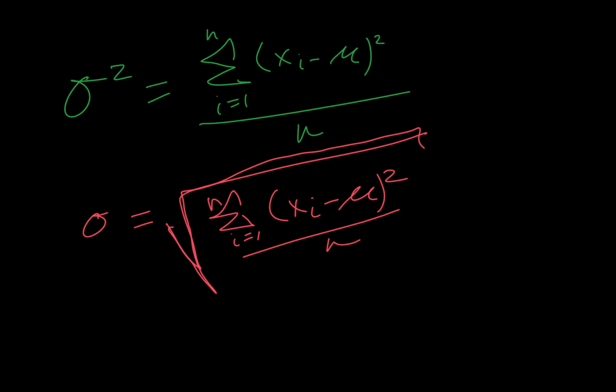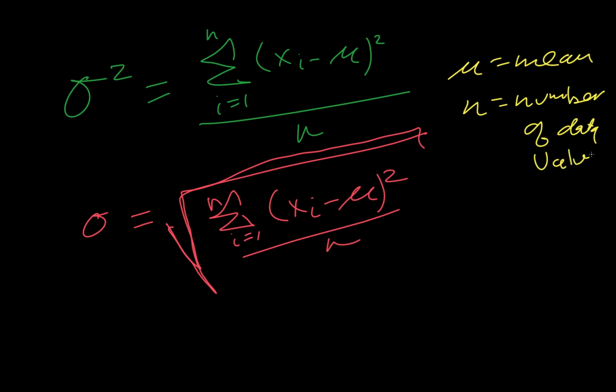The top one, we say it's the population variance of a data set, where mu is the mean and n is the number of data values. Okay.